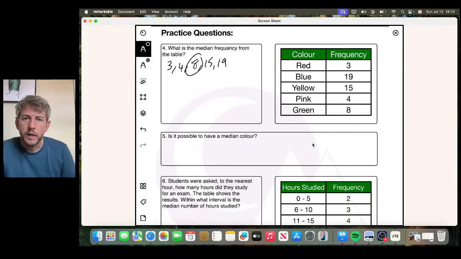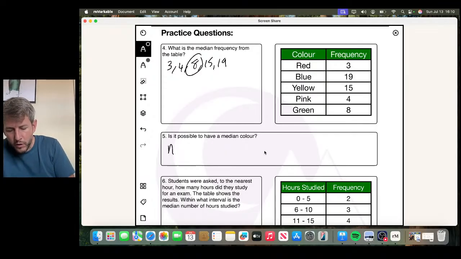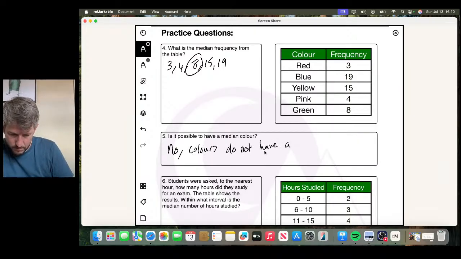Is it possible to have a median colour? No, colours cannot be organised in size order. Or you could say, if you want to be fancy, just for quantitative data.